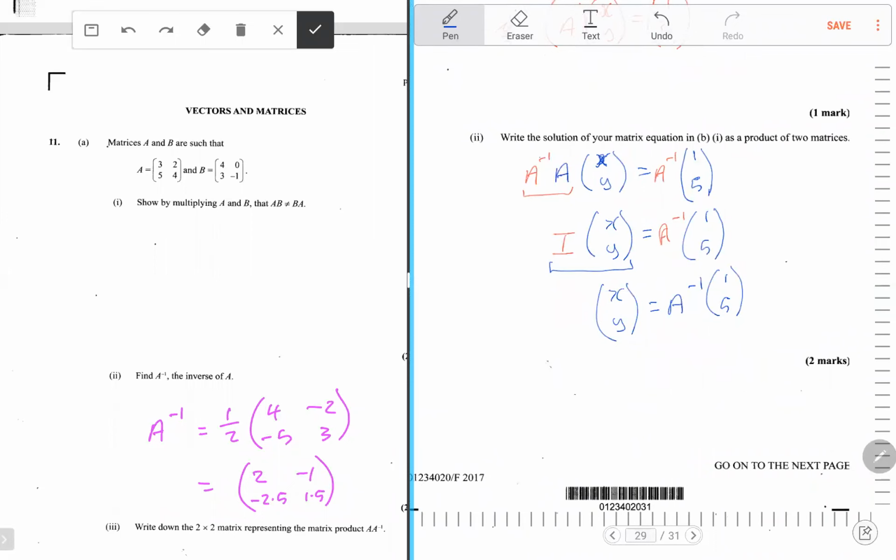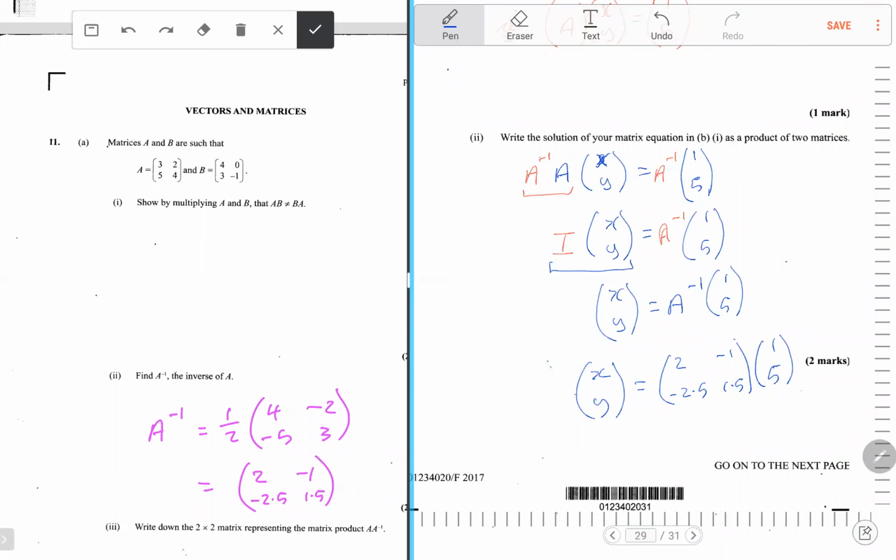So the A to the minus 1 is this thing over here that we calculated. And so the solution as a product of two matrices would basically be that XY is equal to the inverse matrix, which is 2, minus 1, minus 2.5, 1.5, times the 1, 5.